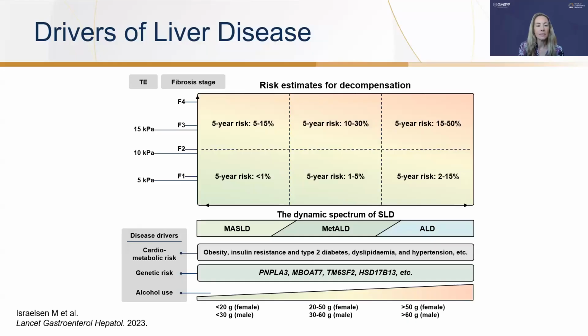And what you can see here, based on observational studies, is that patients that have even early MetALD or ALD have more than 3 times the risk of developing decompensated cirrhosis compared to patients who just have MASLD and MASH alone. So the contribution of significant alcohol use in this patient population really does confer a worse outcome. This is a really high-risk group.